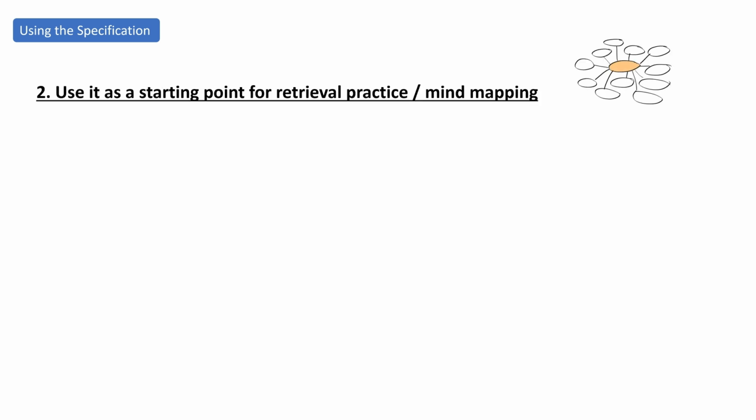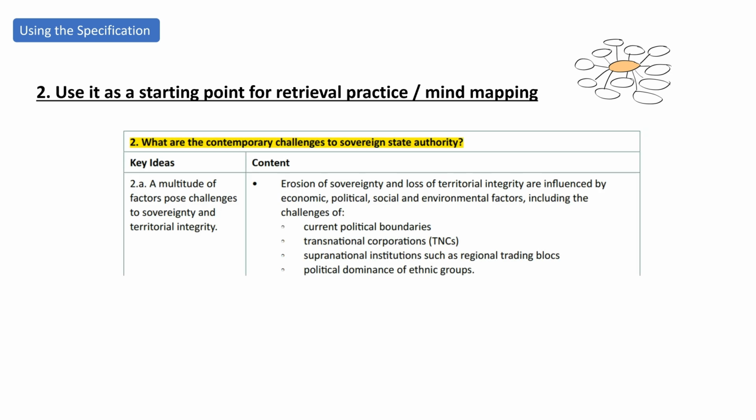What I would do next is I could also use parts of the specification as a starting point for revision, for some sort of retrieval practice or mind mapping. So here, what I've got is part of the spec, and I've taken just one of the subtopic headings. Above the actual content, it says, what are the contemporary challenges to sovereign state authority?